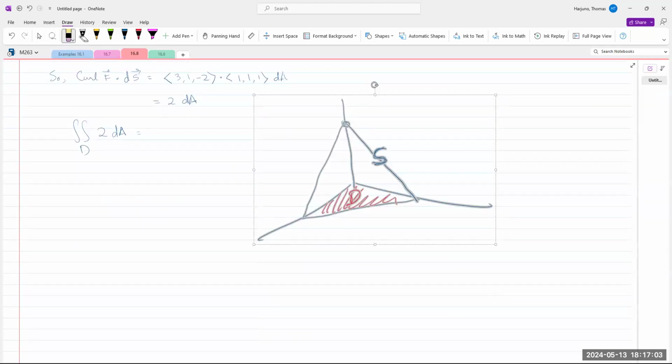Actually, it's incorrect for me to say this is the D. Suppose I have the curve on S that looks like this. That's the curve on S, right? The projection of that will be this. Okay, so this is my D here. So basically that's equal to 2 times the area of that D.